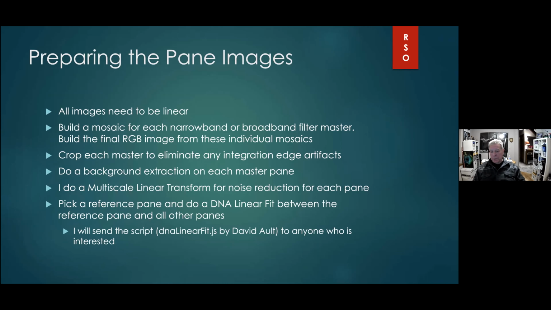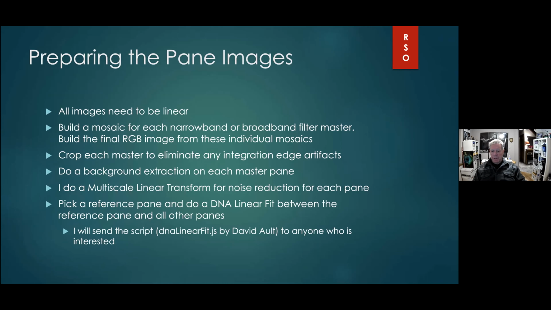There's a really great script that I can share with folks. It's got a great name: DNA Linear Fit, and it was written and designed just for this purpose, when you've got 2 panes that are overlapping and each pane has slightly different intensities.